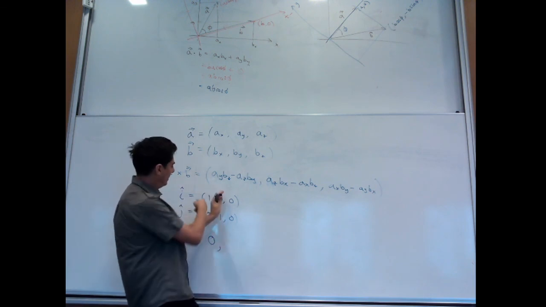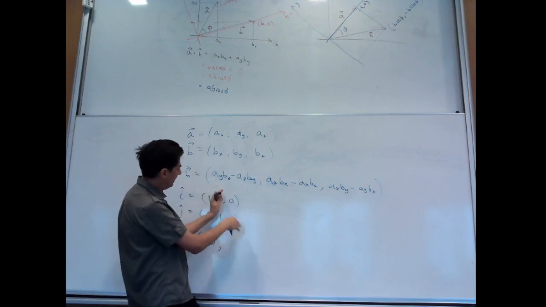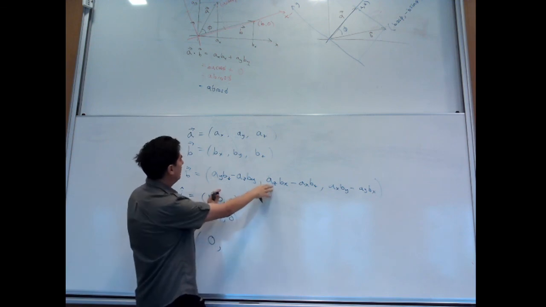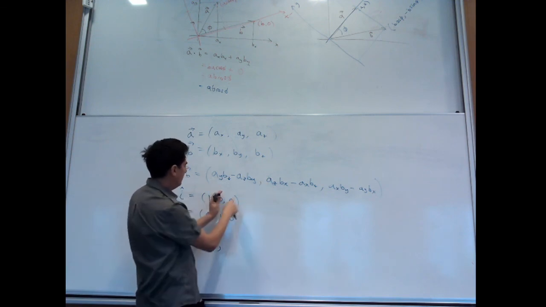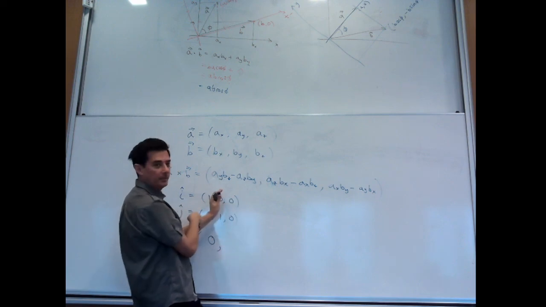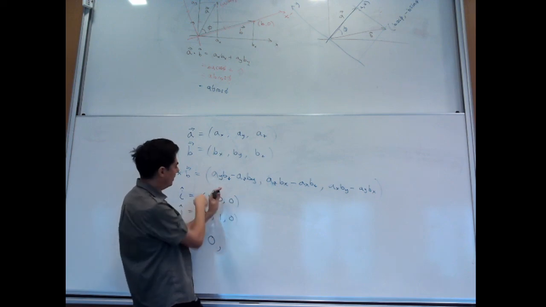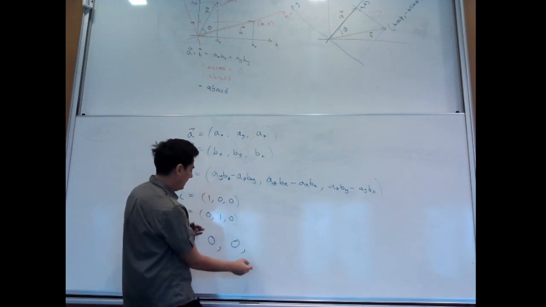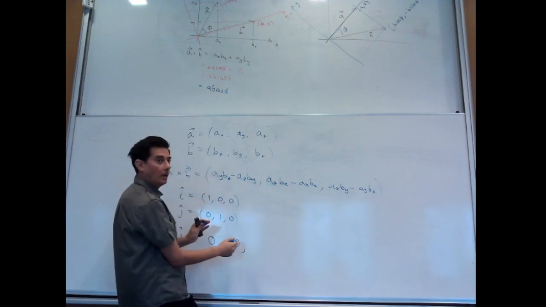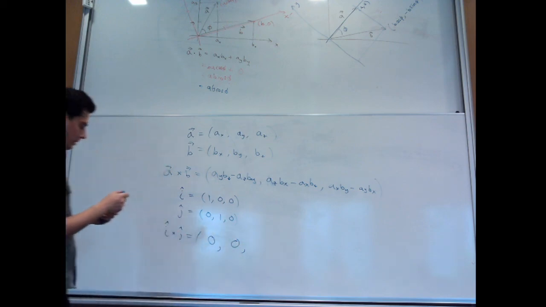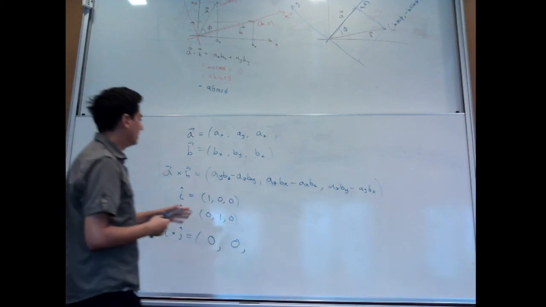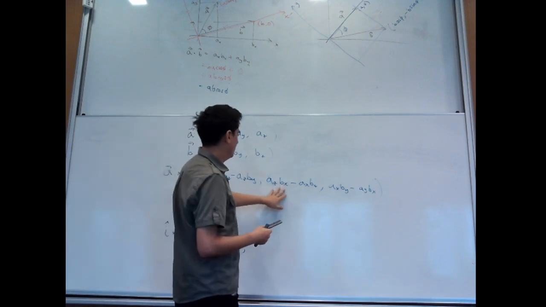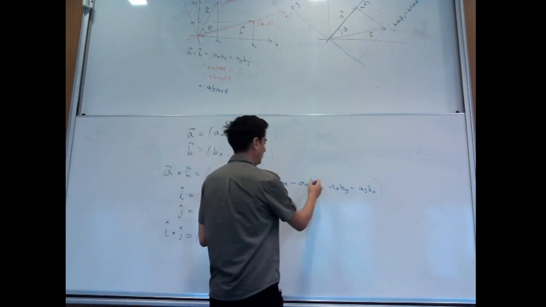Y component, okay, we diagonally multiply these things, so we've got to get the right order this time. So it's actually this one first. 0 times 0 minus 1 times 0. It's 0. Okay. Sorry, why is it not ax bz minus az bx?